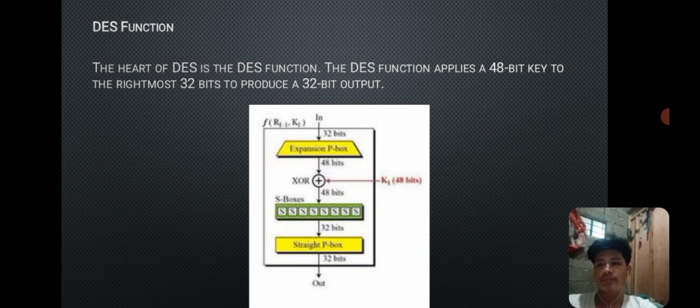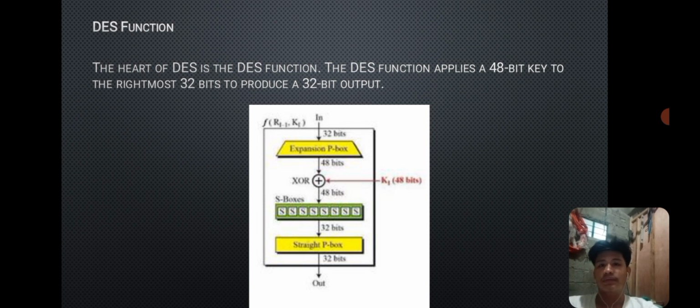The DES function. The heart of DES is the DES function. The DES function applies a 48-bit key to the rightmost 32 bits to produce a 32-bit output.